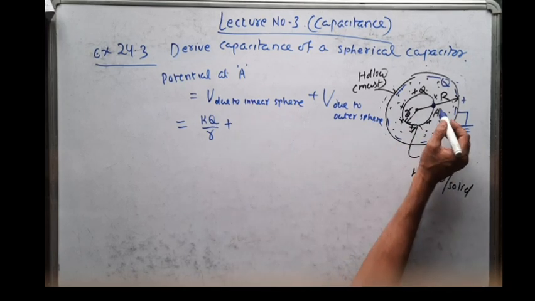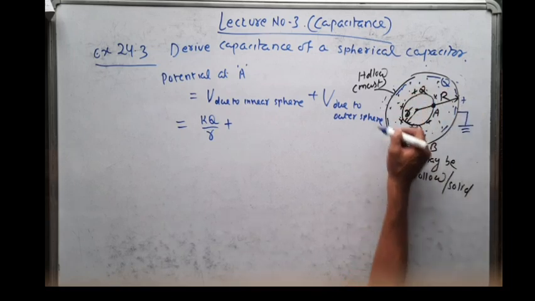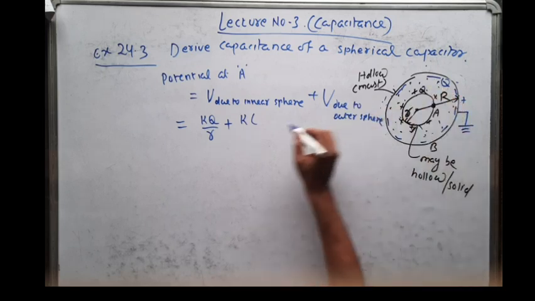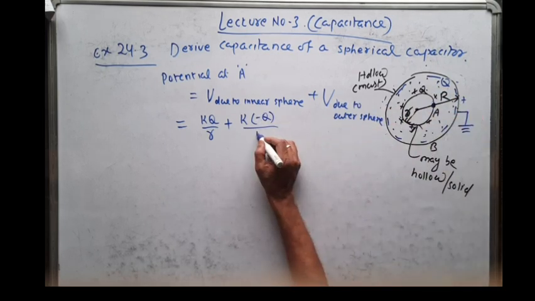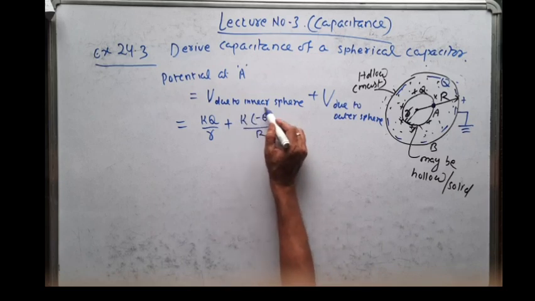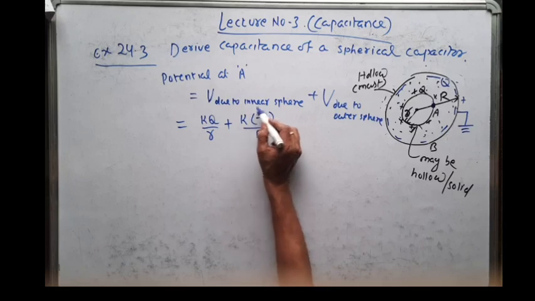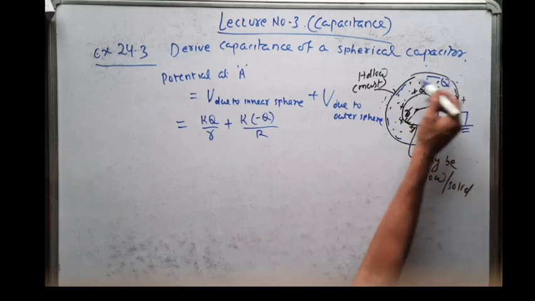So I have to find the potential at point A. The potential at A due to the outer sphere is nothing but K, and what is the charge on the outer sphere? Minus Q. And what is the radius of the outer sphere? R. So this is the potential on the surface of the outer sphere, and that potential is also equal to the potential at the internal point due to this outer sphere.